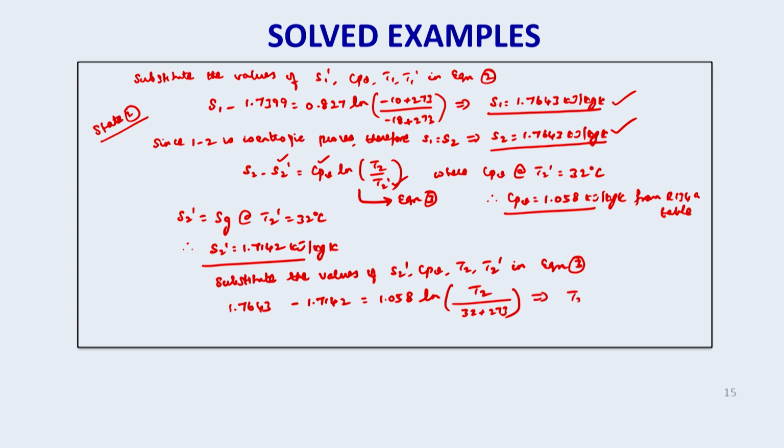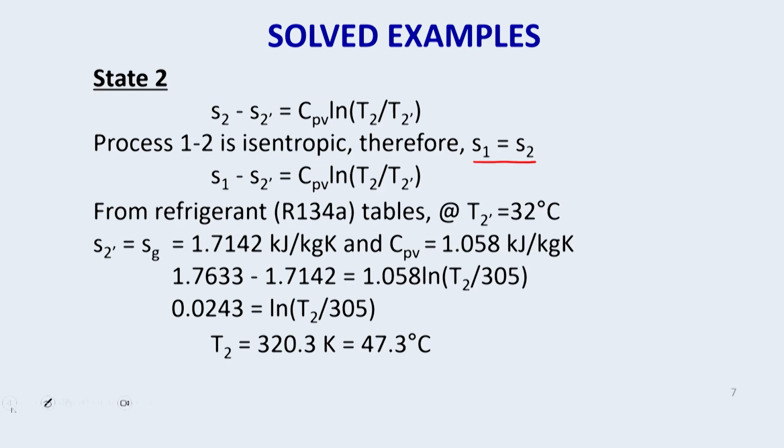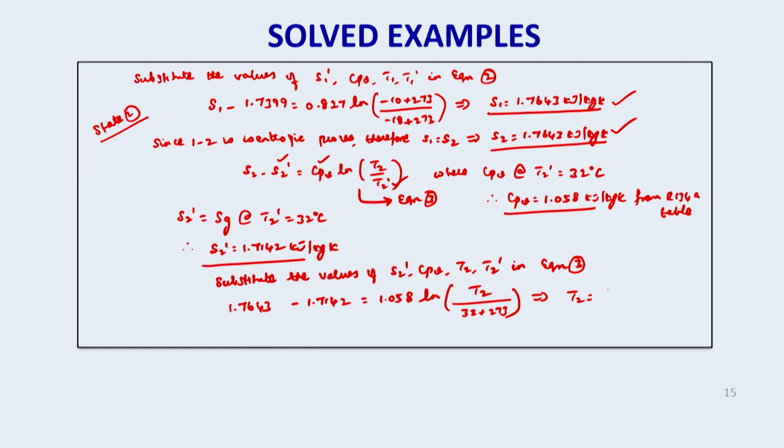Solving this, we get T2 is around 320.3 Kelvin, which is equal to 47.3 degrees centigrade.